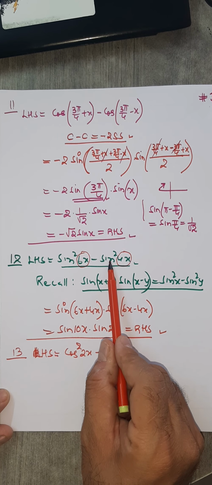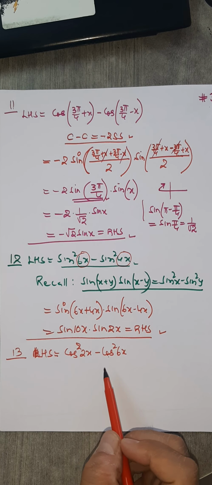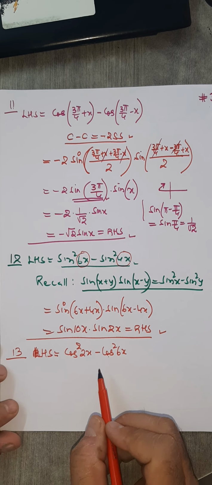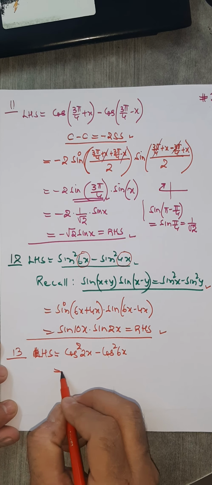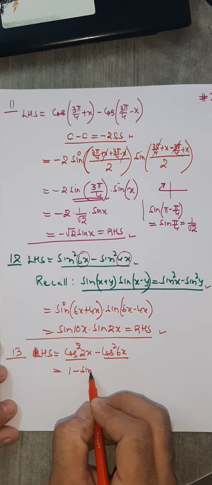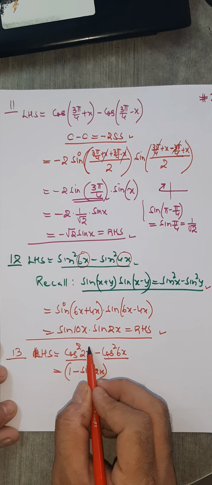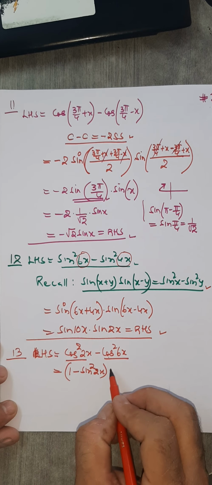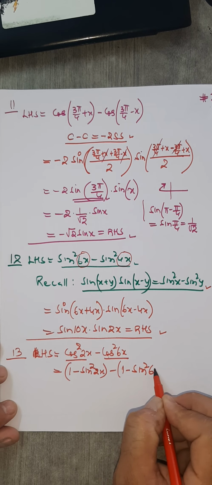Either both should be sine, or you must have cos and sine, right? If you just recall, we had one formula with this. So what I'll do, I can reduce both of these into sine. This I can write as 1 minus sine square 2x, basic fundamental formula: cos square alpha equals 1 minus sine square alpha. And this I can write as 1 minus sine square 6x.